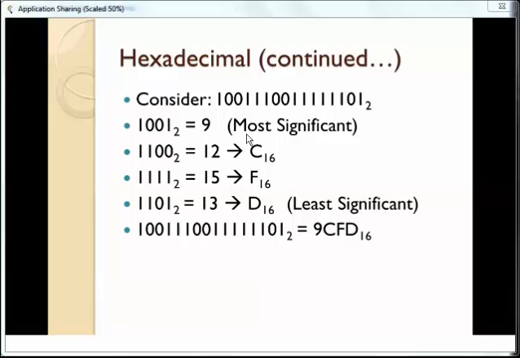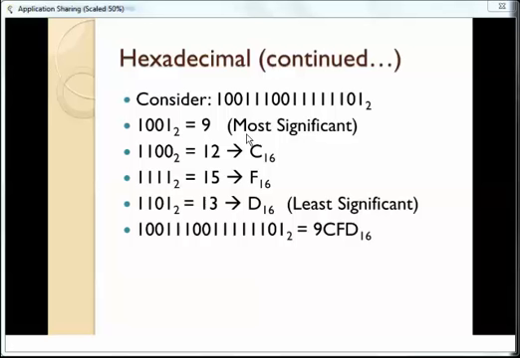And yes, I said decimal because we'll deal with that, and then we'll make the conversion to hexadecimal based on its definition. So 1001 base 2 converts to 9, and this is going to be our most significant digit.